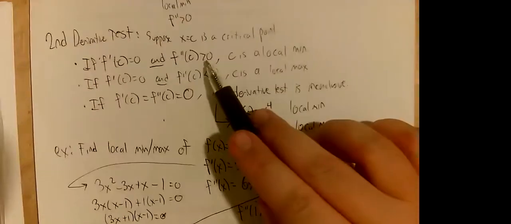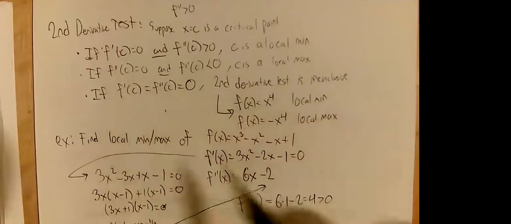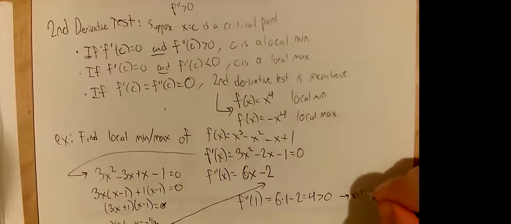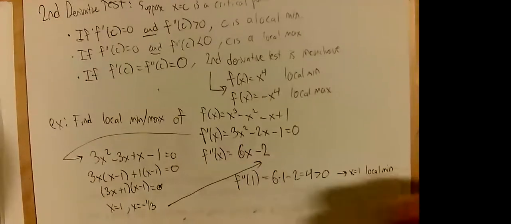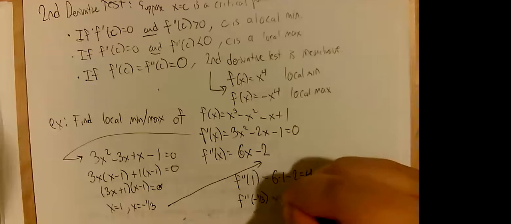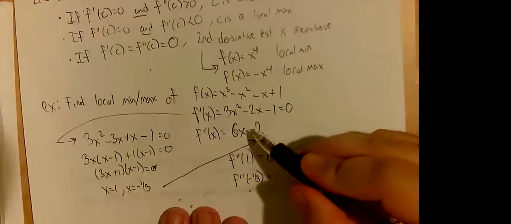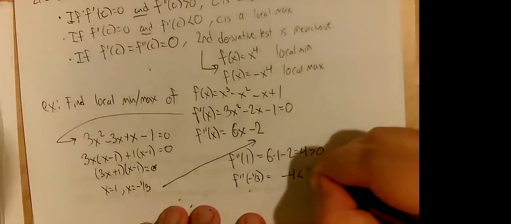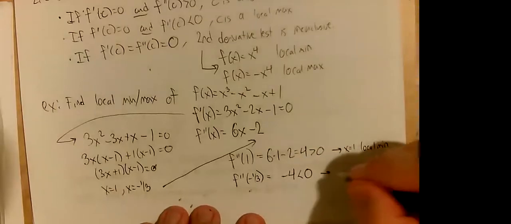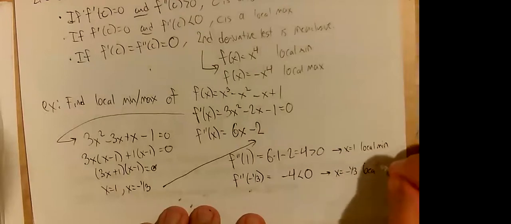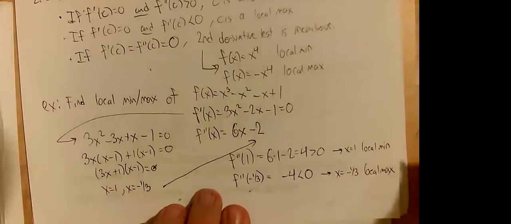So since we have a positive second derivative and a 0 first derivative, this means that x equals 1 is a local minimum. Now how about negative 1/3? If I plug negative 1/3 in here, I have negative 2 minus 2, which is negative 4. And that's less than 0. So it turns out that x equals negative 1/3 is a local maximum.